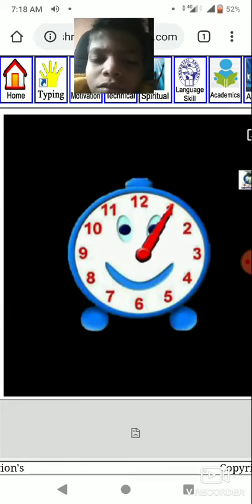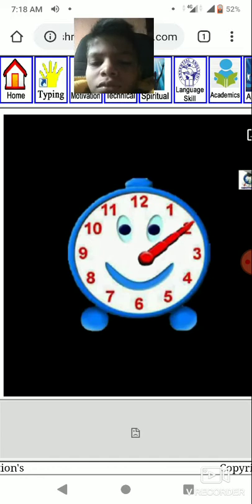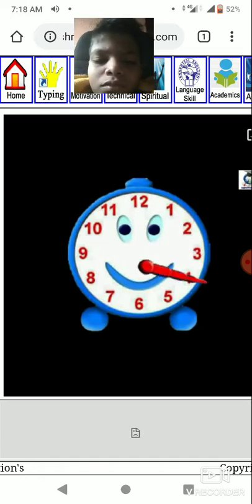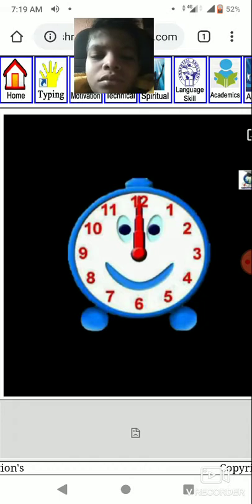When 1 hour passes after 12 midnight, it is 1 o'clock. After that, it is 2, 3, 4, up to 12 o'clock in the serial order. After 12 noon, again it is 1, 2, 3, up to 12 o'clock in serial order.